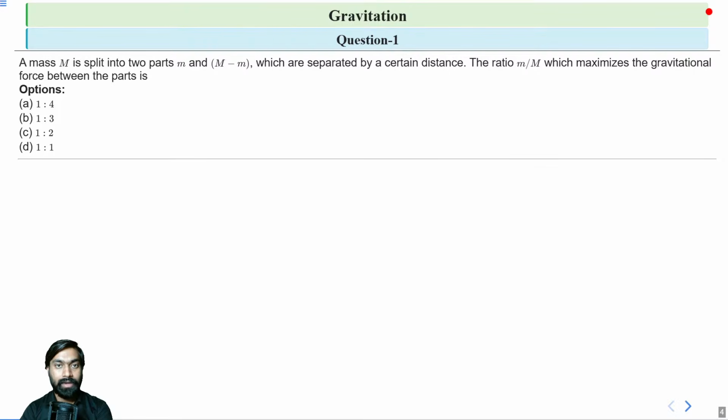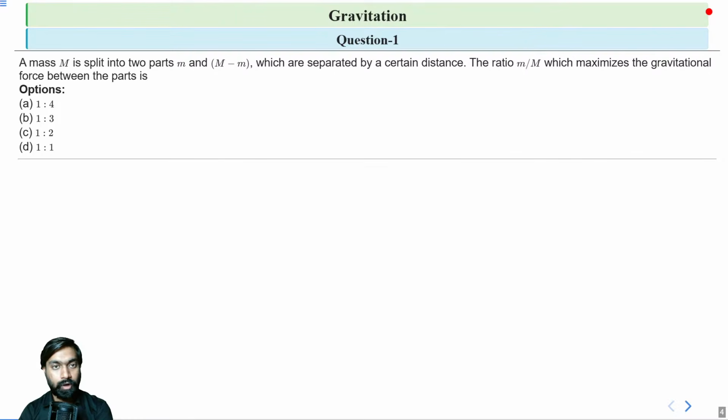A mass capital M is split into two parts, small m and capital M minus small m, which are separated by a certain distance, r1 r2, anything. The ratio small m divided by capital M which maximizes the gravitational force between the parts is what?